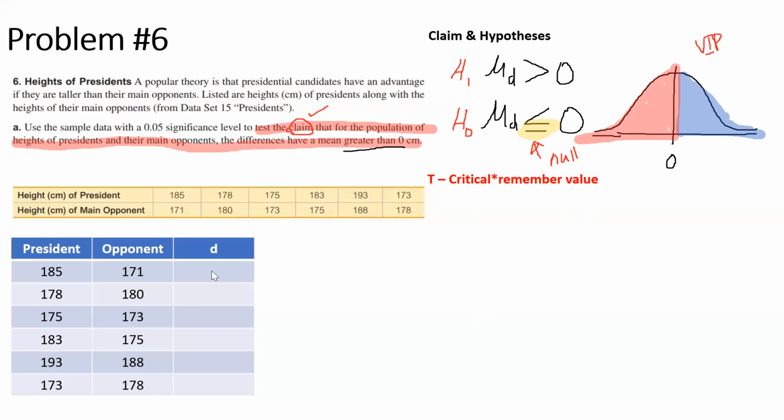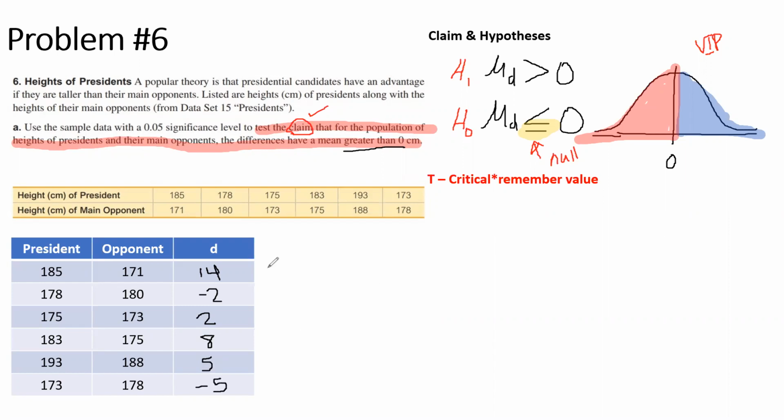So it would be 185 subtracted from 171, and that would be 14. The next one would be -2. No, 2. Okay, the next one. Then 8, 5, and -5.